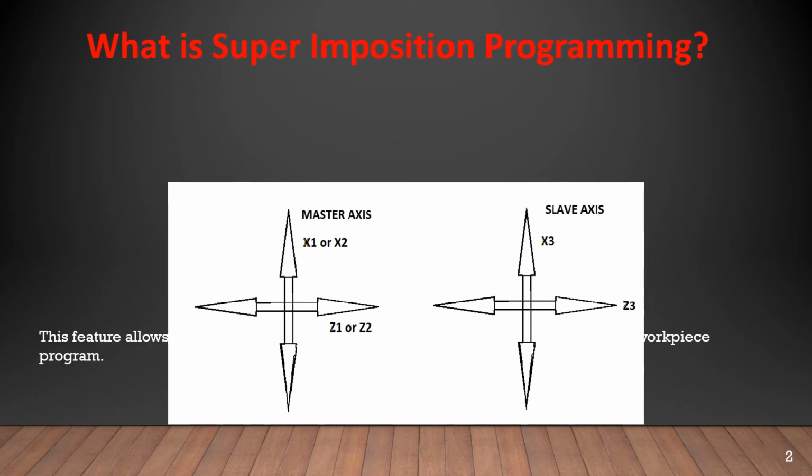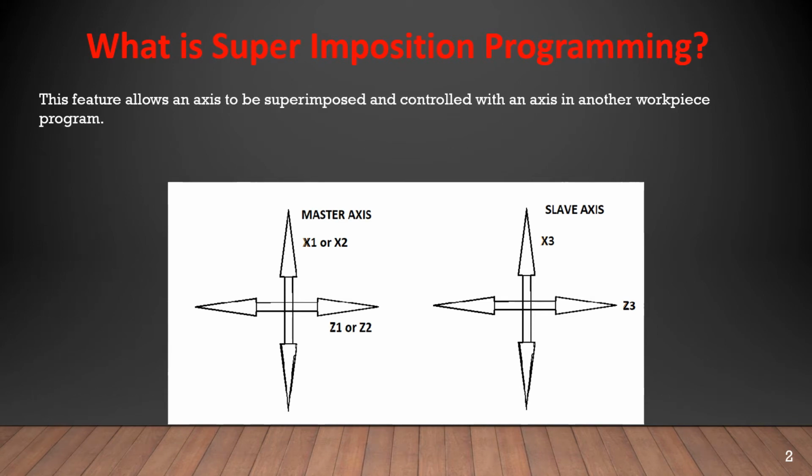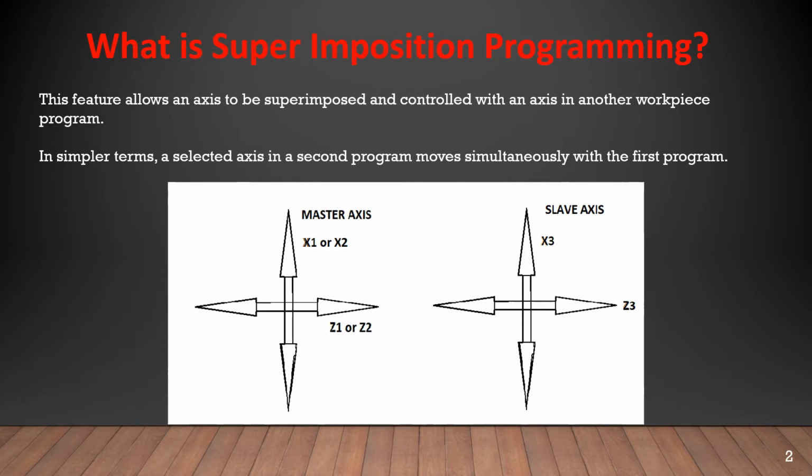Superimposition programming. This feature allows an axis to be superimposed and controlled with an axis by another workpiece program. In simpler terms, a selected axis in a second program moves simultaneous with the first program.